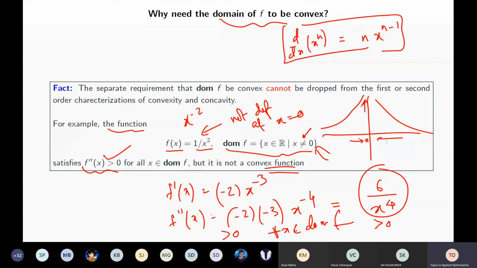If x goes from the positive side, it is also going to infinity, and as x goes up to positive infinity, it decreases. And we know that this is not convex because if I draw a line joining, let us say, a point here and a point here, it is below the function value. So it's not convex. This is an example which tells you that the domain of f being convex is rather important.